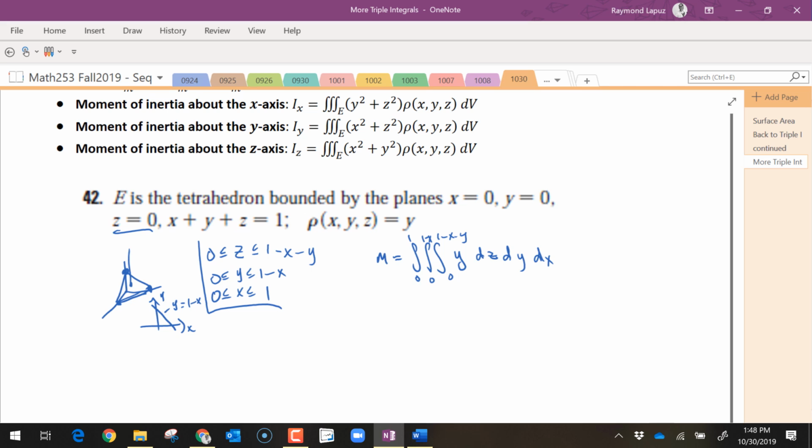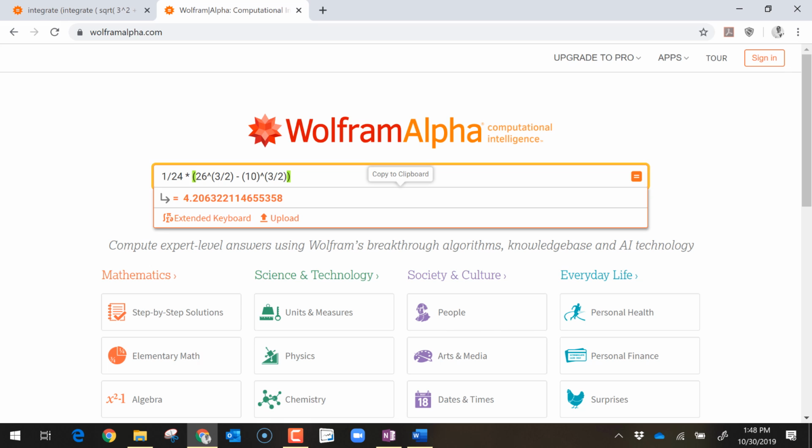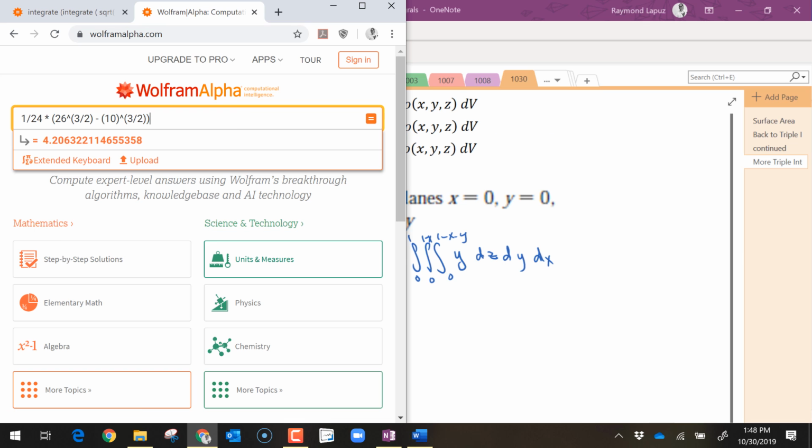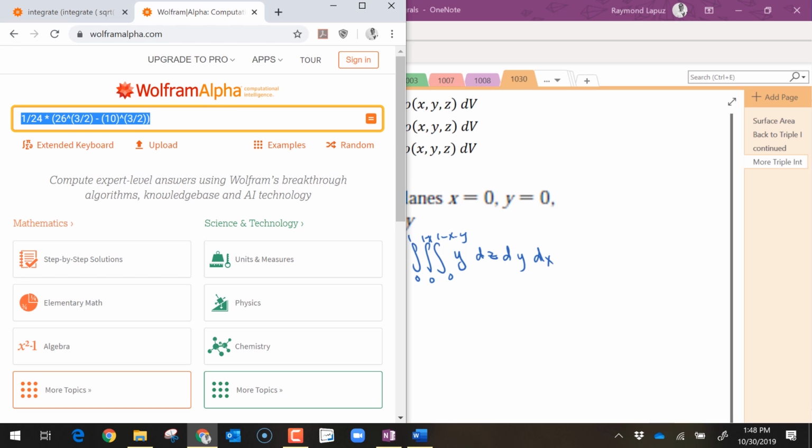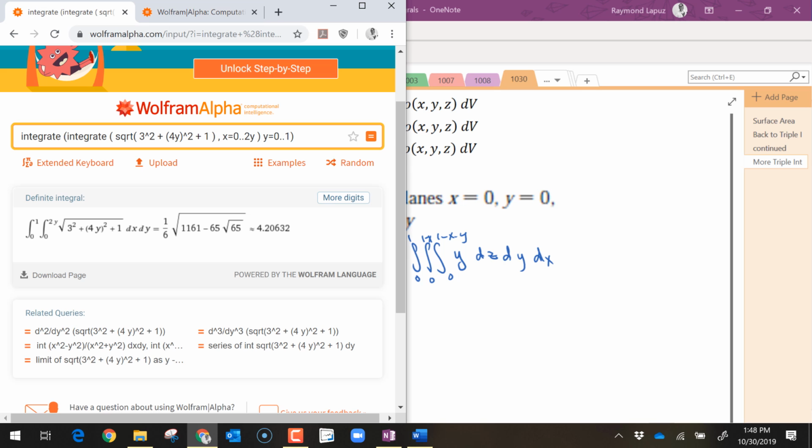Okay. This is a fairly easy integral, but for the sake of time, I'm just going to go to Wolfram Alpha and have it compute it for us. So it's the integral of the integral of the integral.